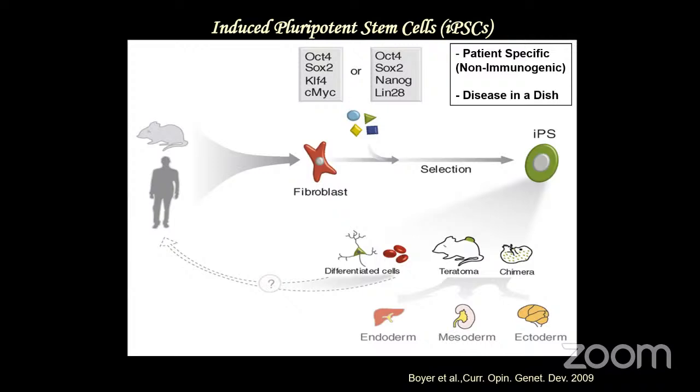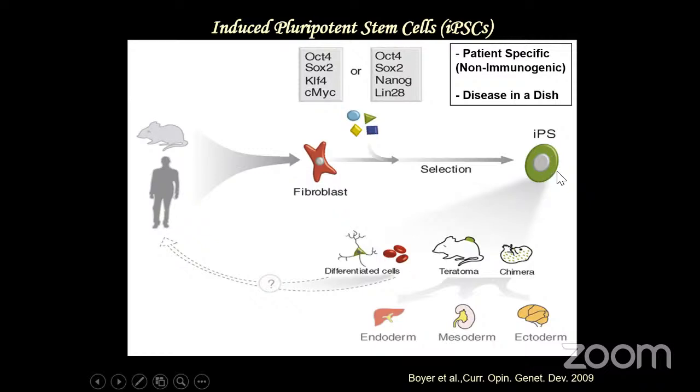But when you are reversing the process, it is de-differentiation. So, with somatic cells using specific factors, what is the significance of these markers? These are highly expressed in embryonic stem cells. That's why, using these, you are reprogramming the somatic cells to behave like pluripotent stem cells. That's why it is called induced pluripotent stem cells.